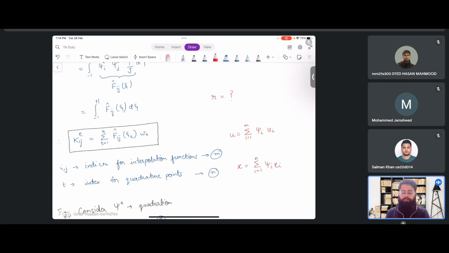What was the formula to find the number of quadrature points from the degree of polynomial?